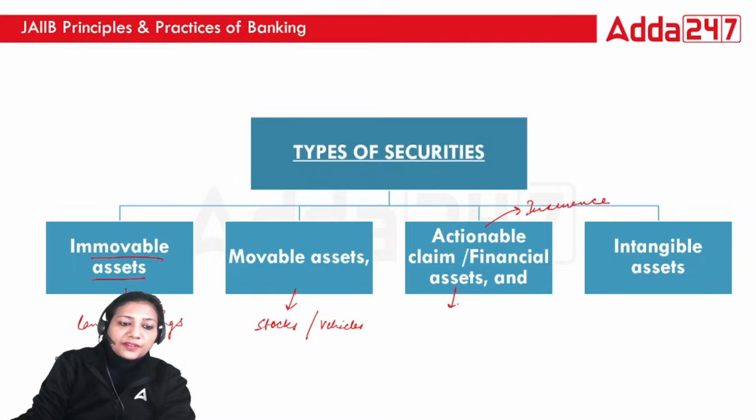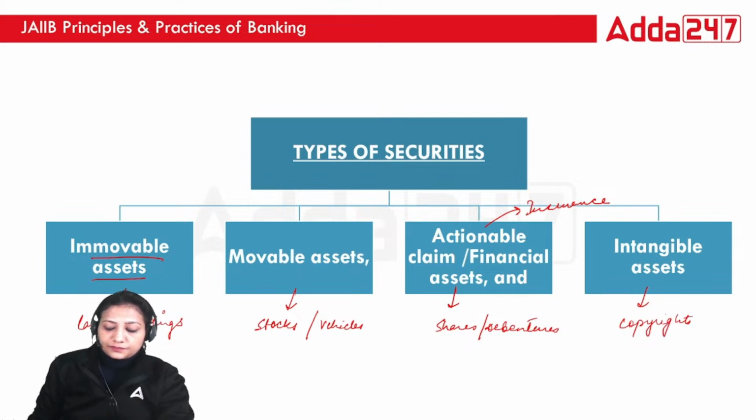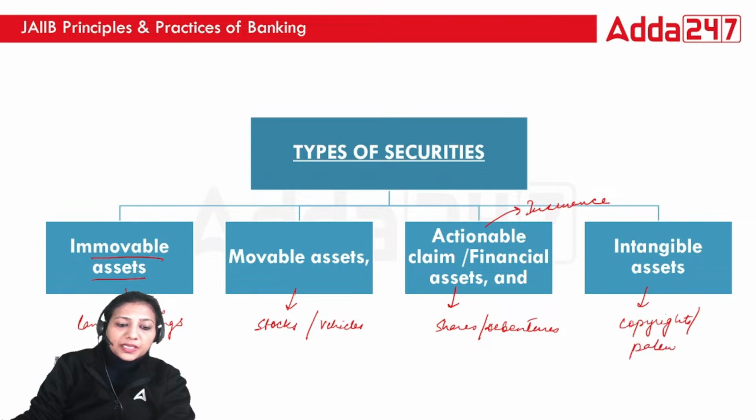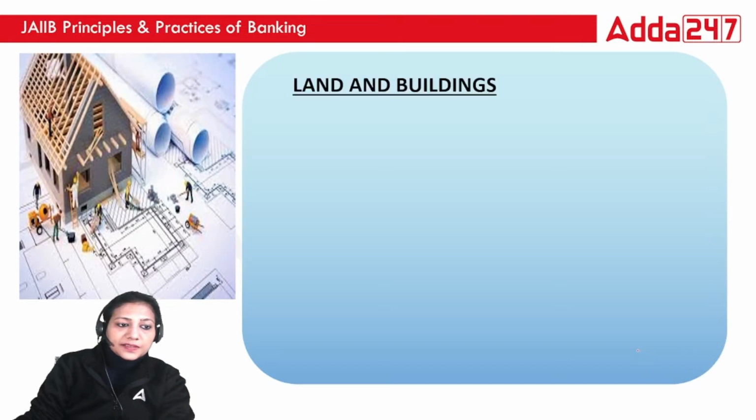And financial assets could be shares or debentures. Then we have intangible assets, copyrights. It could be copyrights, it could be patent. So these are examples of intangible assets.